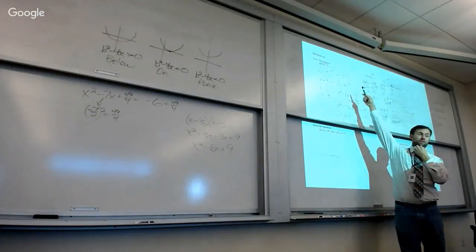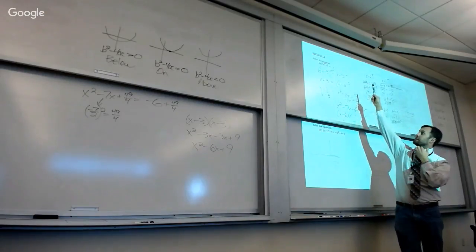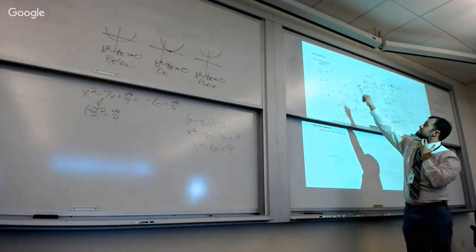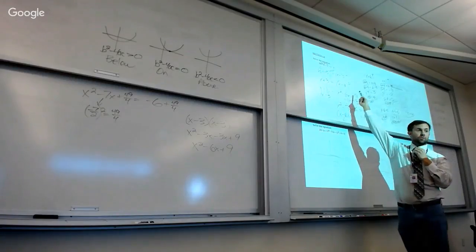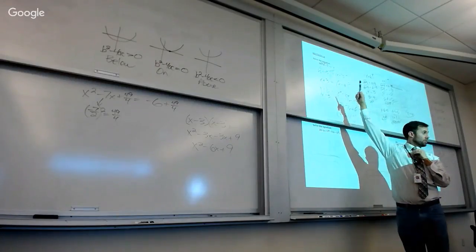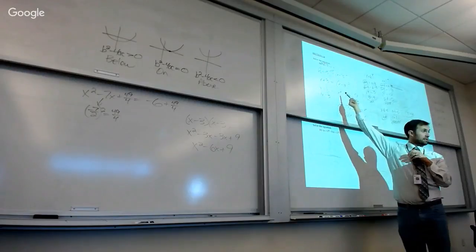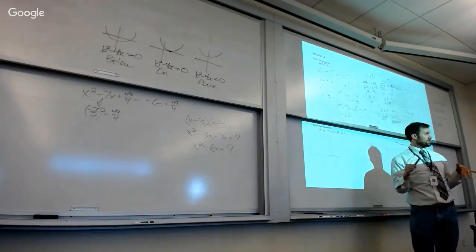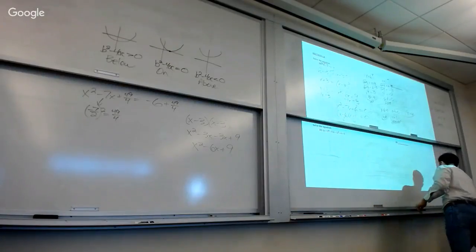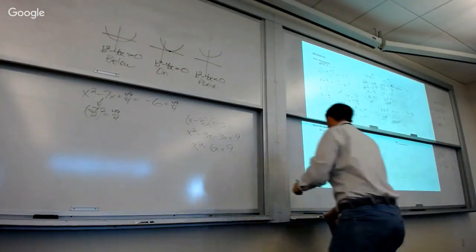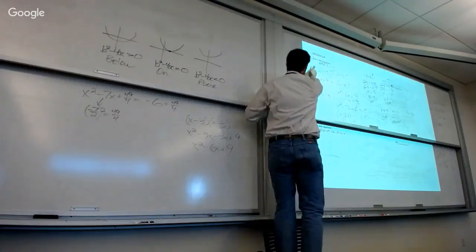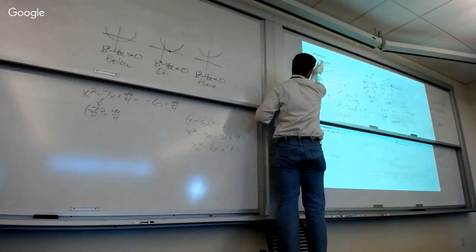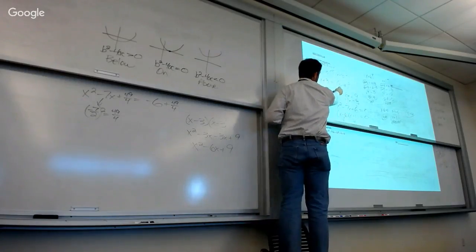The only answer is x equals 6. But we didn't solve the original problem, did we? What did we do to the original problem? We squared both sides, and in the act of squaring both sides, we actually changed the equation, didn't we? I really want to point this out to everybody. This problem has 1 solution, but we squared both sides and we turned it into a quadratic.